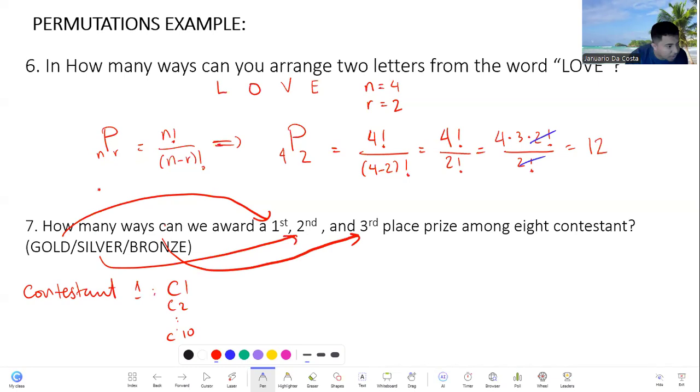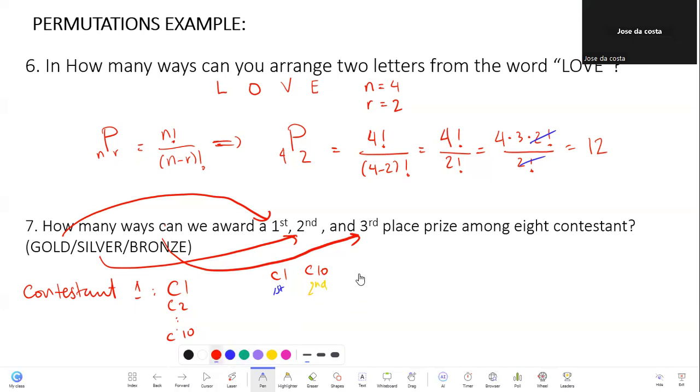Understand? Maybe contestant 1 is getting first place. Maybe contestant 10 is getting the second place. Maybe contestant number 7 is getting the third place.